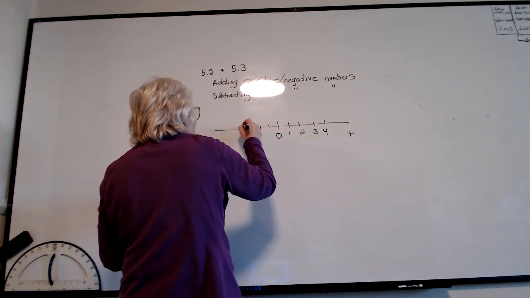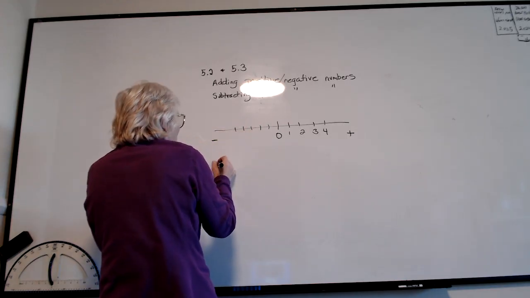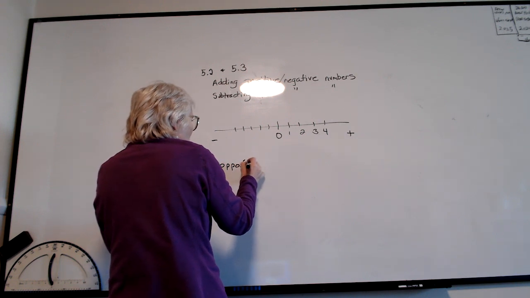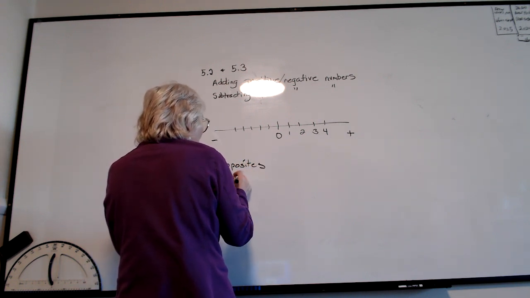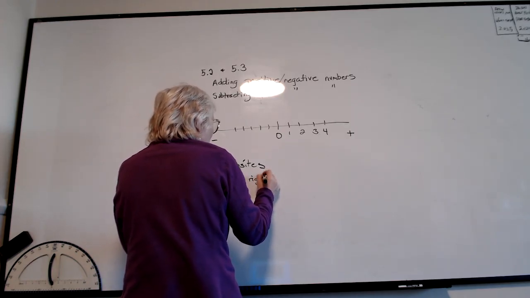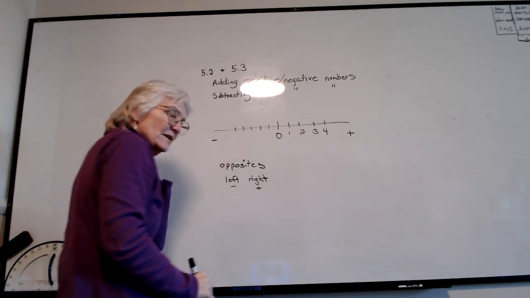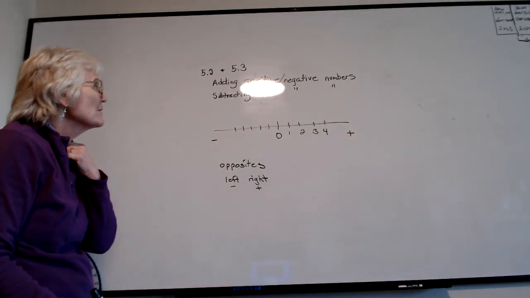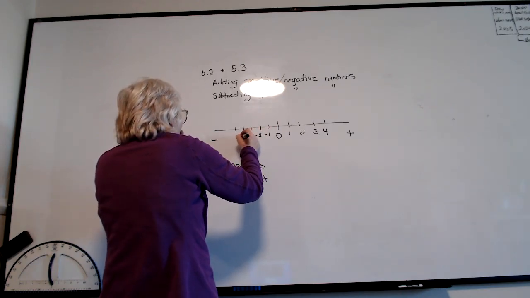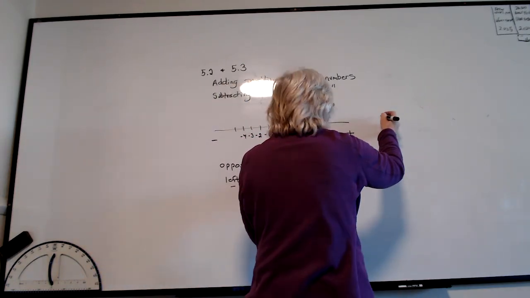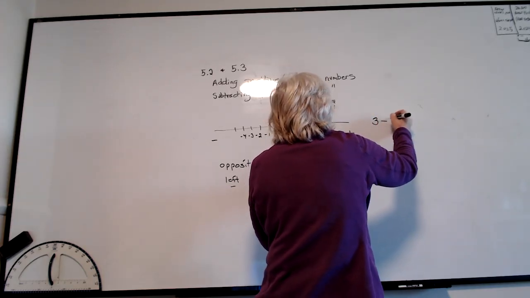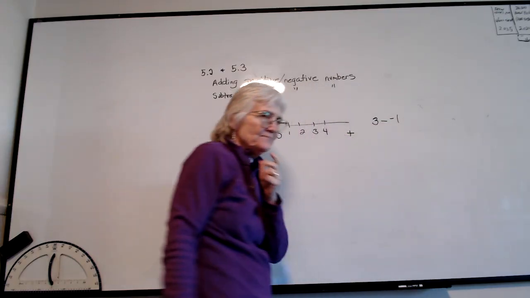And again, here we're going to be talking about the opposites, and then left for negative and right for positive. Okay. So when we are looking at a subtraction problem, let's say we have 3 minus a -1.